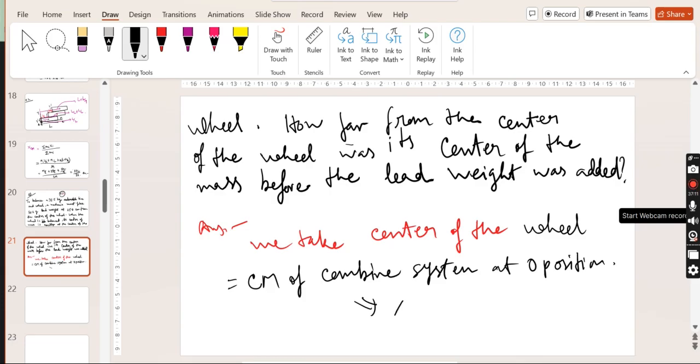That means the x coordinate of the center of mass is 0.